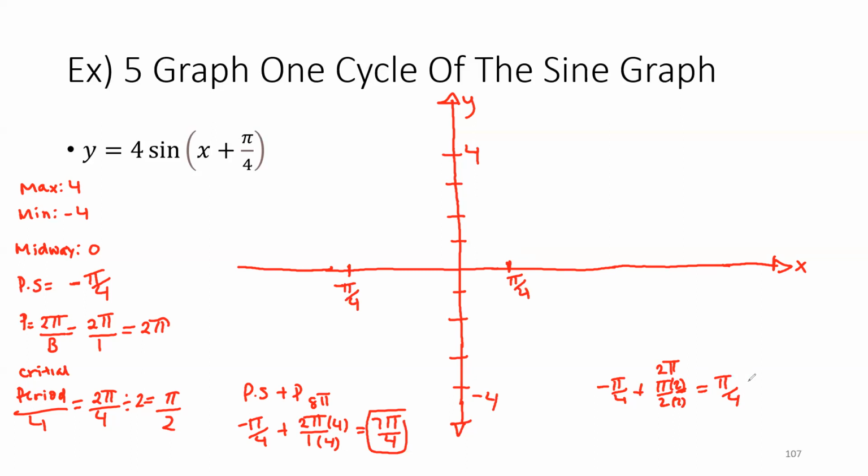The next one, you keep on adding pi over 2. 2 pi plus 1 pi is 3 pi over 4. Adding pi over 2 again, 2 pi plus 3 pi is 5 pi over 4.